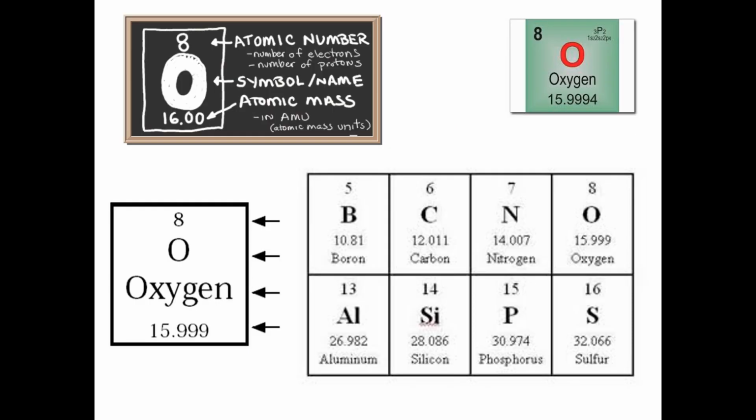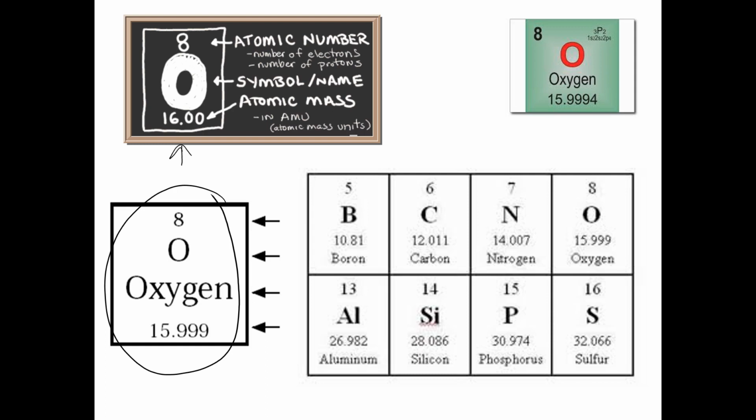So here are just a couple of versions, like I was saying, of what the squares on the periodic table will look like. If you look at this one here on the bottom left, you have pretty much just what I had just shown you. Look at the atomic mass. They put 15.999. And over here at the top, they rounded that one to 16.